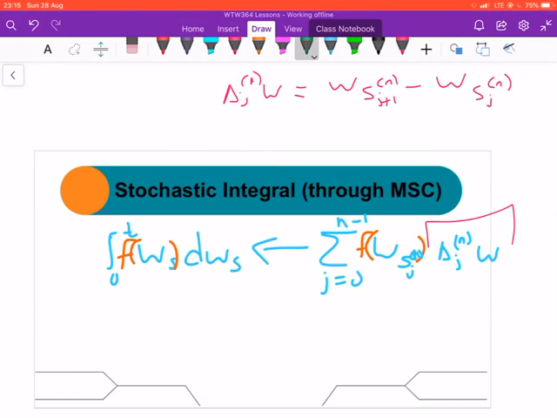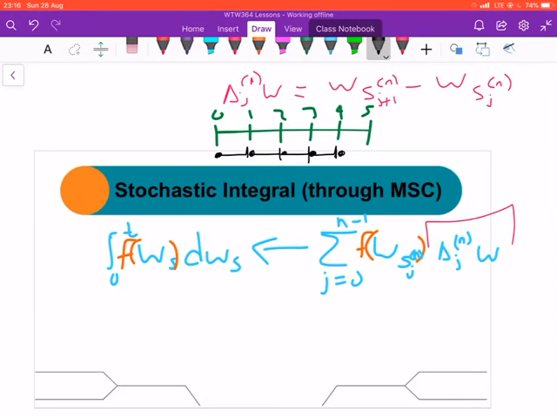So if we have an interval like this, let's say starting from 0, 1, 2, 3, 4, 5, and those are our n, we are going to use this to here, and then from there to here, there to here, there to here.